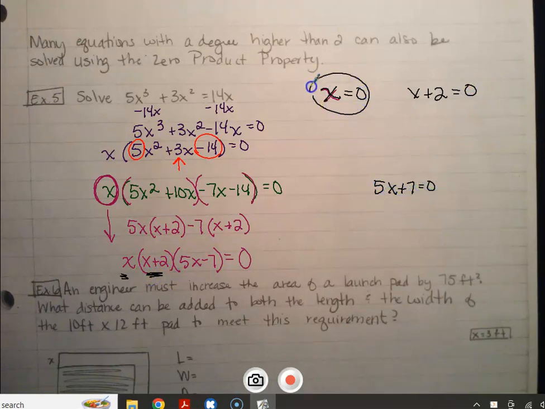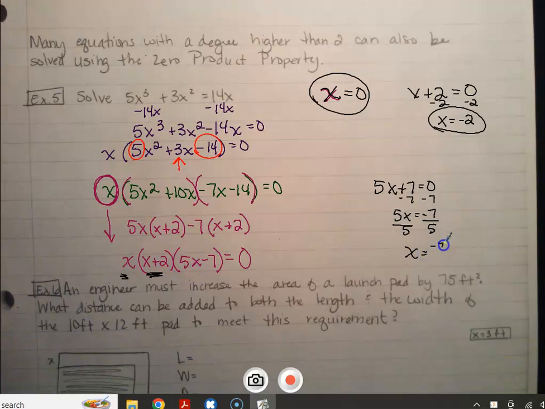So the first one's done. x equals 0. This one we would subtract 2, so x equals negative 2. That one's done. And then this one, we need to subtract 7. So we have 5x equals negative 7. Divide by 5, so x equals negative 7/5.